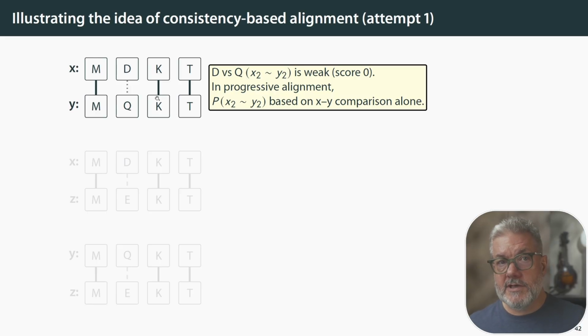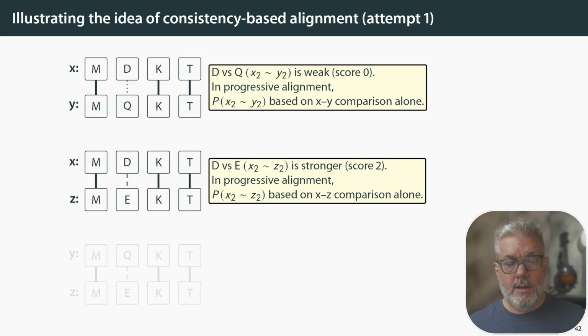Now, if we add a third sequence Z and compare it to X, Z is going to be MEKT, so this is going to be a glutamate. Now we're comparing an aspartate to a glutamate. That has a score in BLOSUM of 2. So this position, X sub 2 aligned with Z sub 2, has a score of 2.